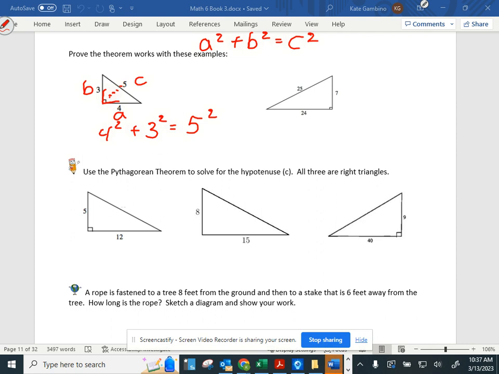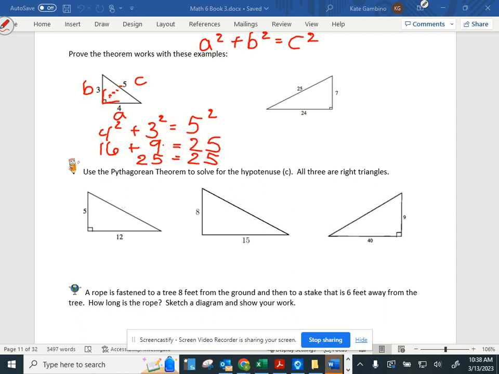Is that true? What is 4 squared? Riziki? 16. What is 3 squared? Amelia? 9. And what is 5 squared? Matthew? 25. 16 plus 9 is 25. What? It actually works.